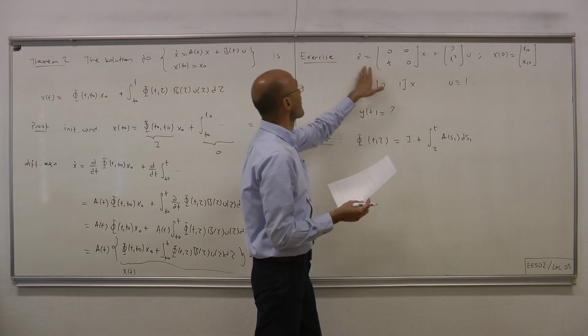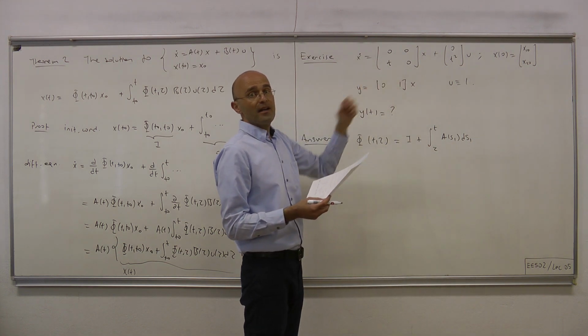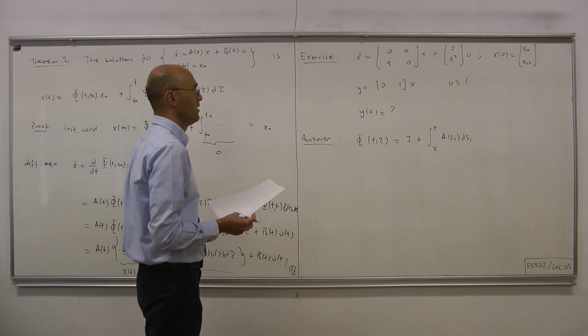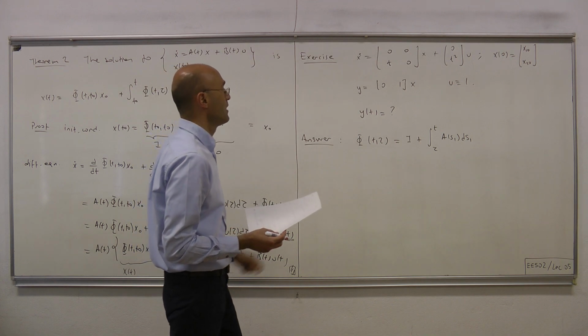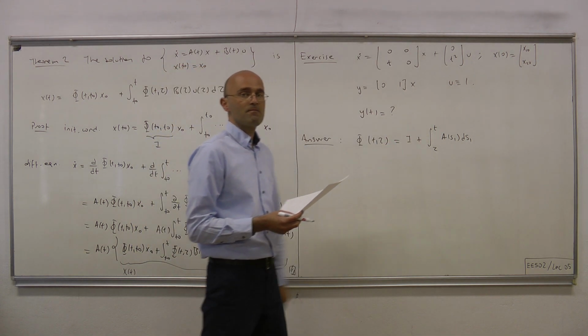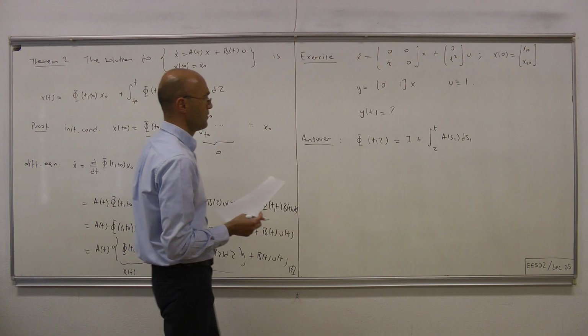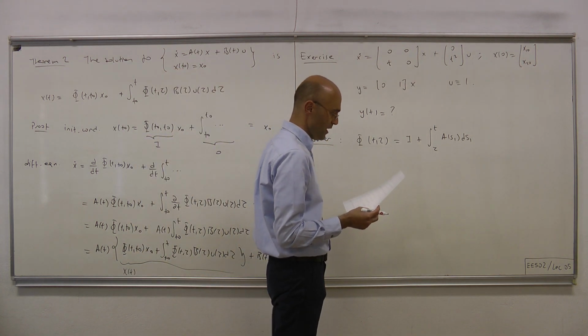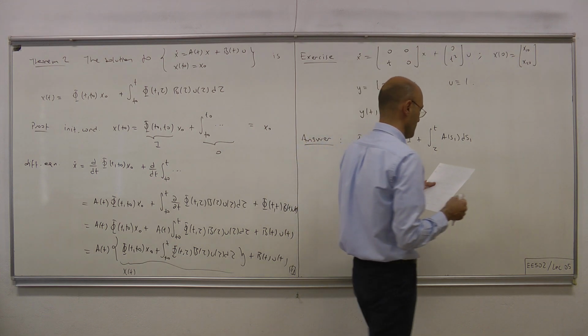But since A is a triangular matrix with diagonal entries 0, A(s1) times A(s2) is 0. That would mean that all the higher order terms are 0. In other words, this is our Peano-Baker series for this matrix. And it's very easy to compute this integration.